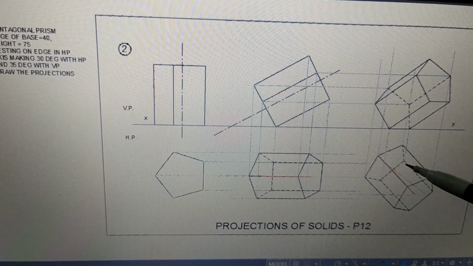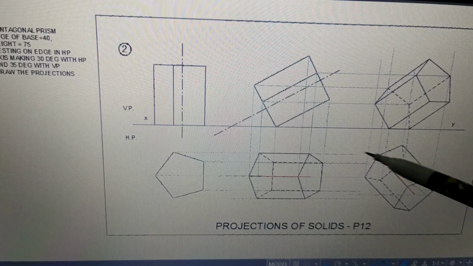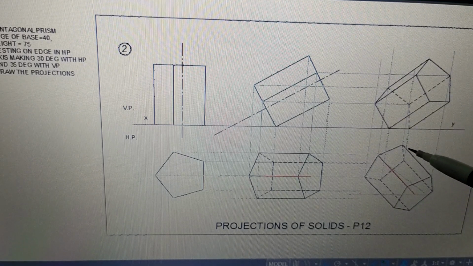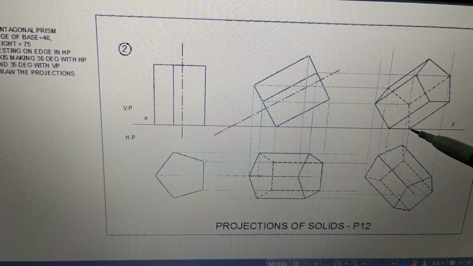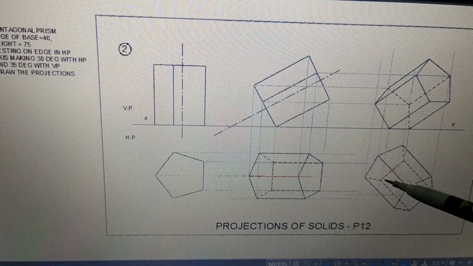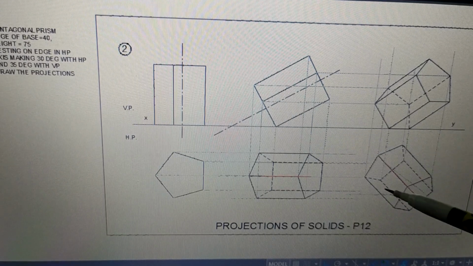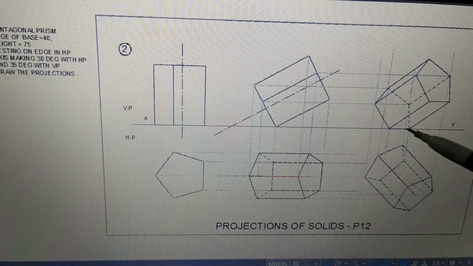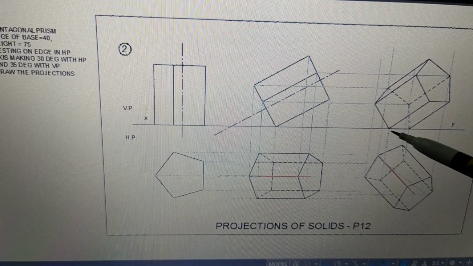You know this is point A, so where is A in this figure? Project these points and you will find A is here. Similarly, B is here, project this point, B will be here. So this is line AB. Write here A and B.